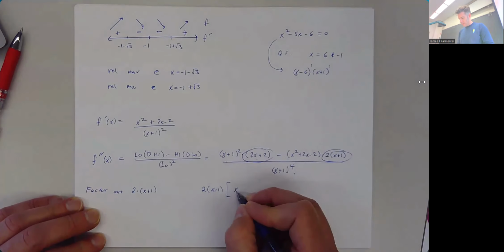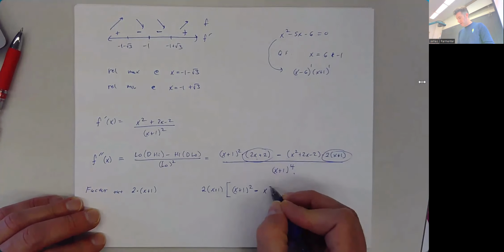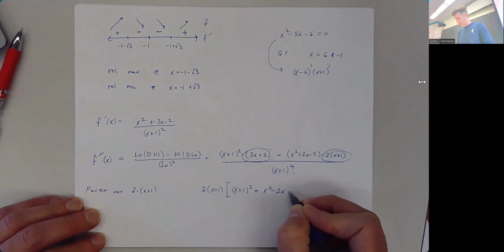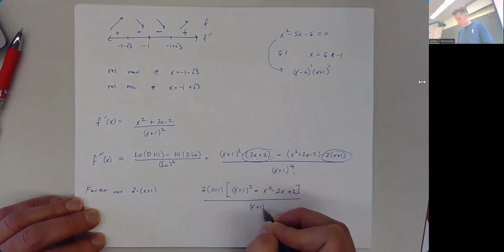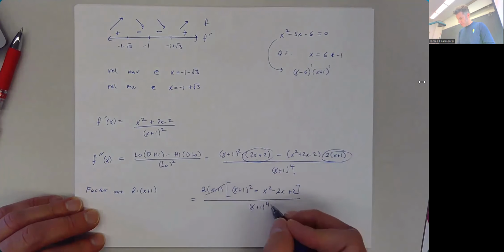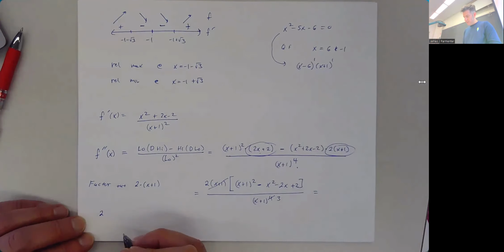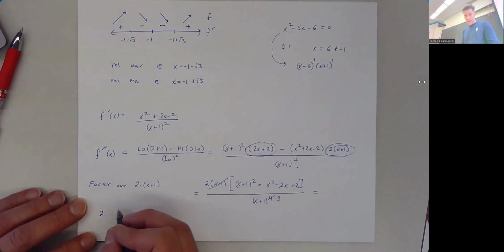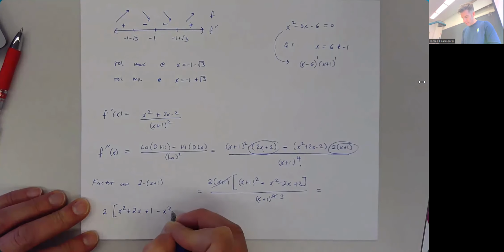I'm left with an x plus 1 squared minus, and let's distribute the minus sign, x squared minus 2x plus 2, divided by x plus 1 to the 4th. Cancel an x plus 1 and an x plus 1. Simplify. That 2 hangs out. X plus 1 squared is x squared plus 2x plus 1 minus x squared minus 2x plus 2, all divided by x plus 1 cubed.